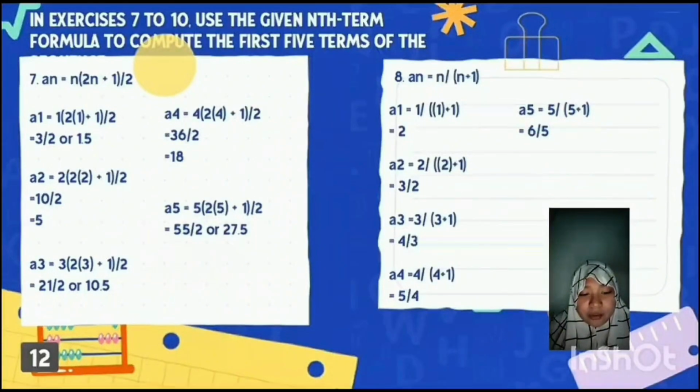So next we have number 8. We have the formula of number 8. An equals to n divided by open parenthesis n plus 1 close parenthesis. So here we have the first. Parang sa una lang din. Lahat ng n, makikita nyo yung n. Papalitan nyo lang ng number. Okay? Just follow the solution. Follow the steps kung paano i-solve.